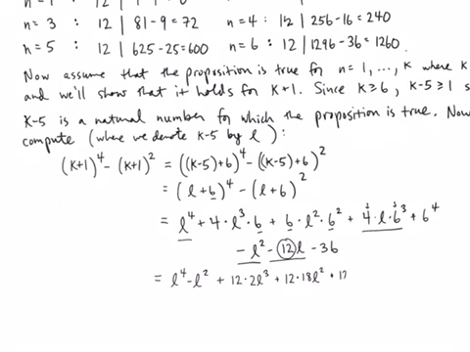So after we do that, 12 times, we pulled a 3 out of one of those 6s, so we have 2 times 6 squared, so that's going to be 72 minus 1, because we had this minus 12 here as well, times L. And then our constant, 6 to the fourth, we can pull a 12 out of that, one of the 6s, and then a 2 from the other 6.